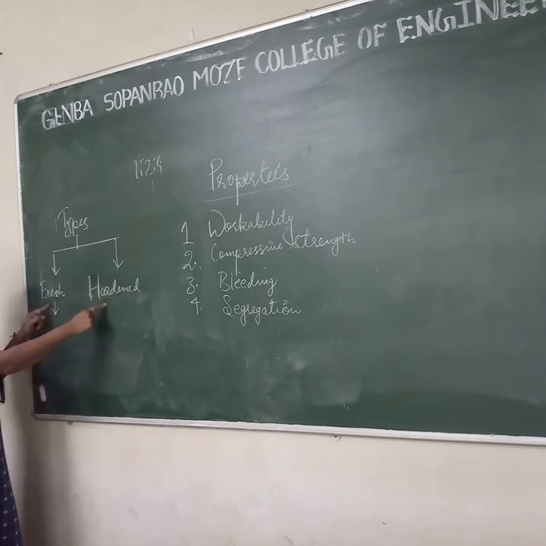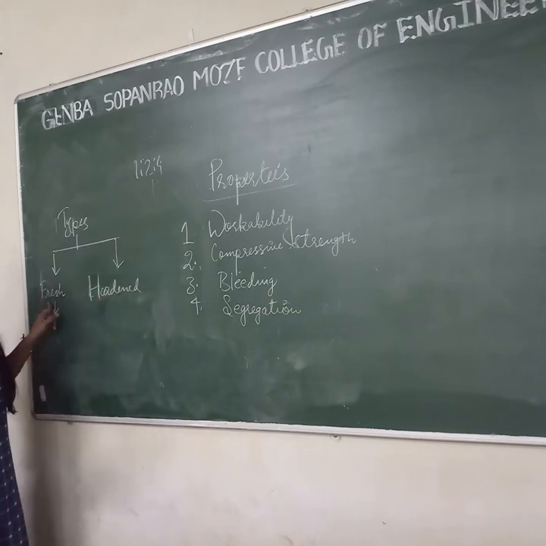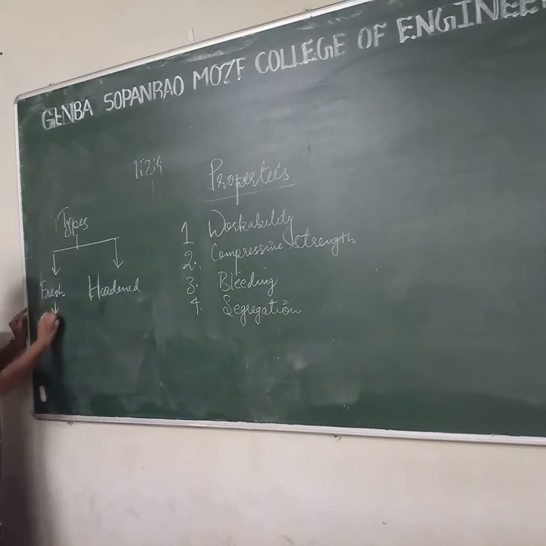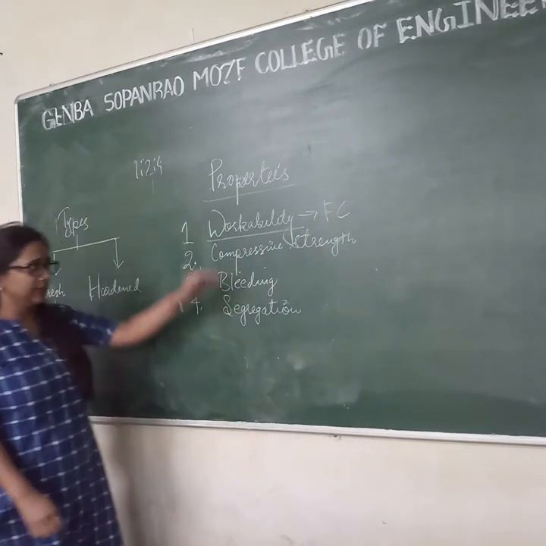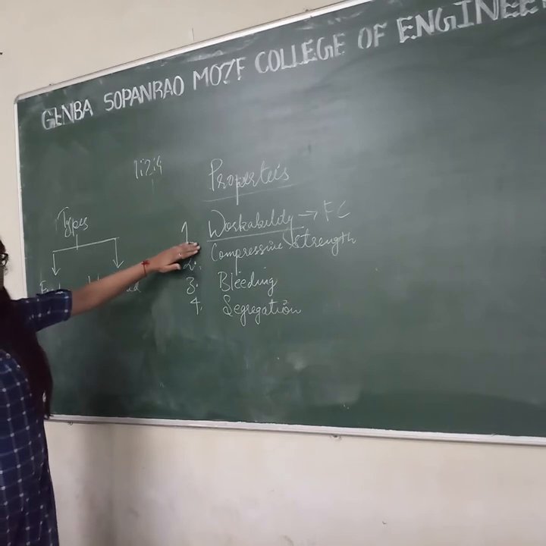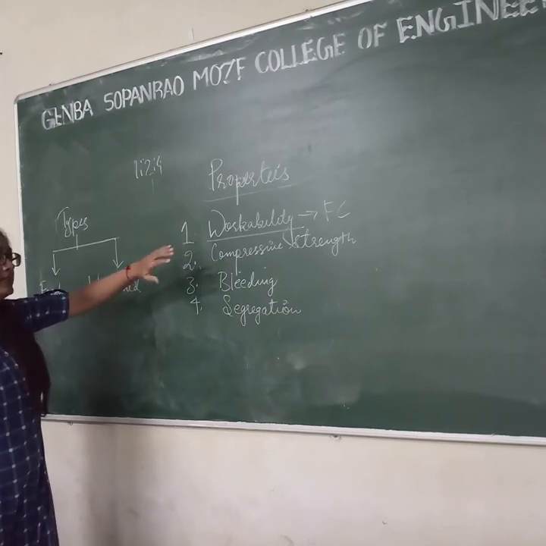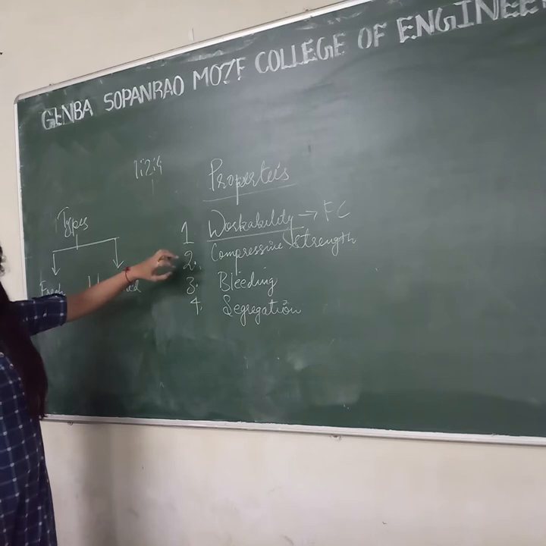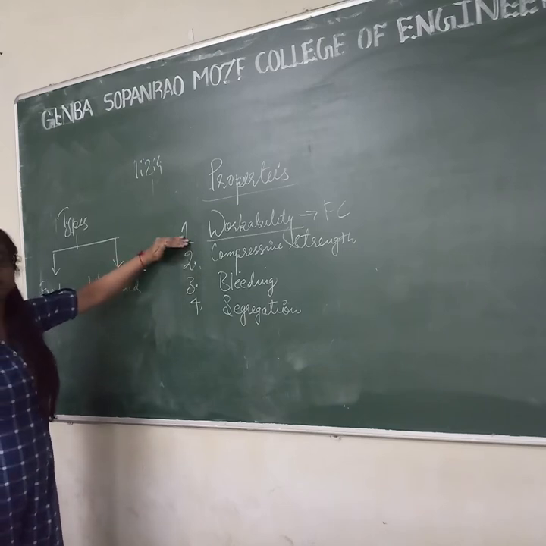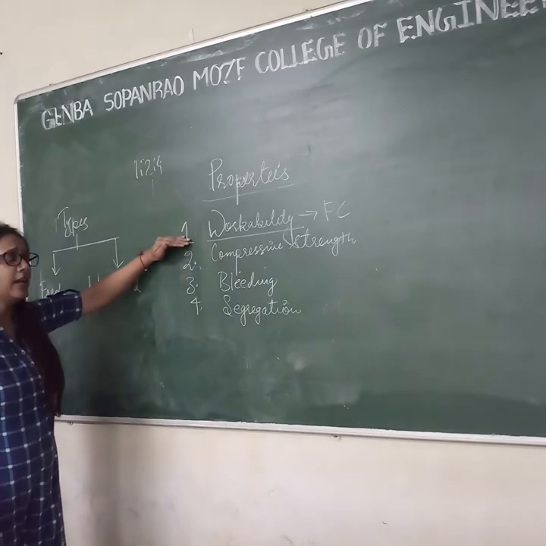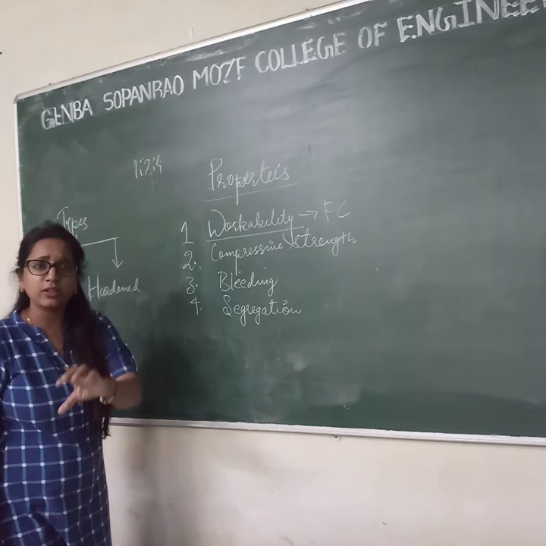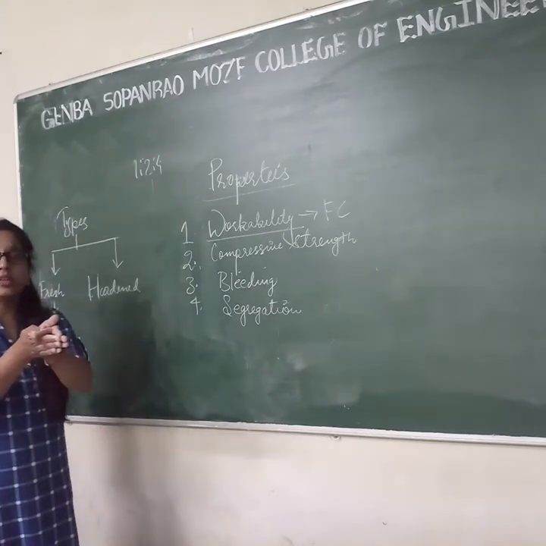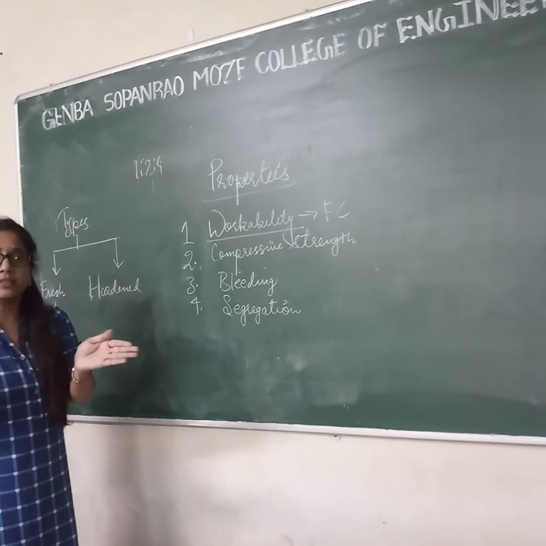Now both these concretes will show different properties. The property for fresh concrete is workability. What is workability? The water content plays an important role to attain required workability. If the water content is more than required in your concrete, then it will segregate.